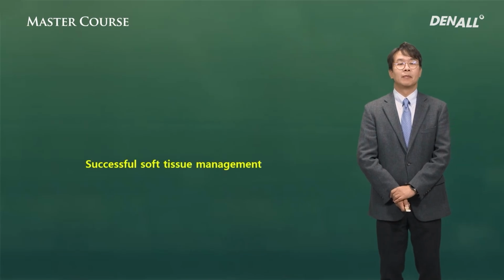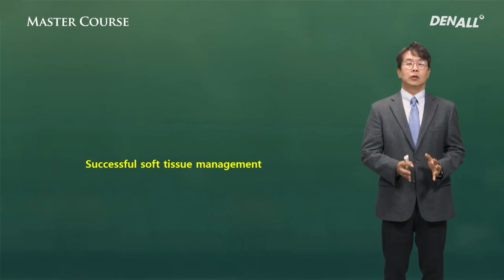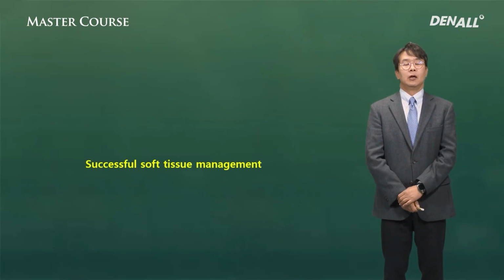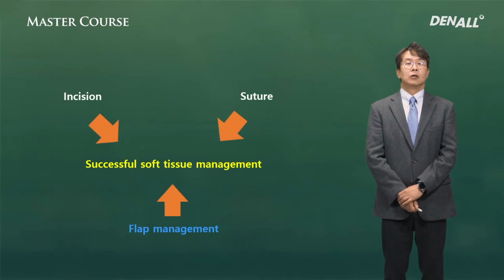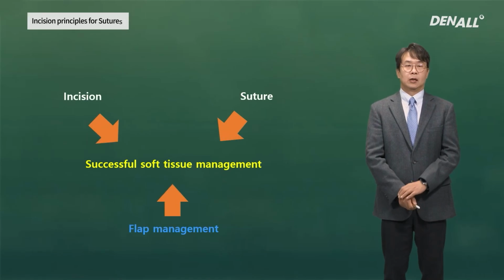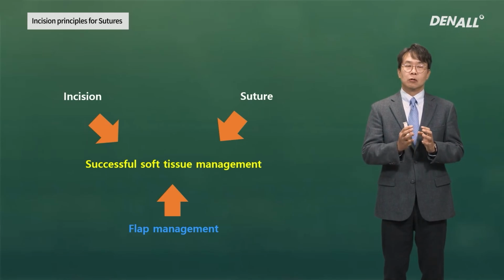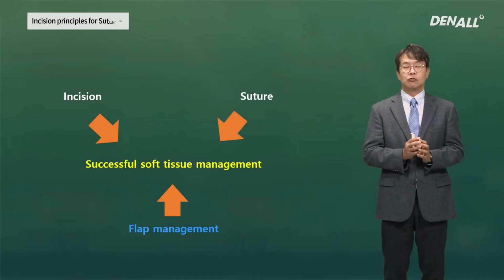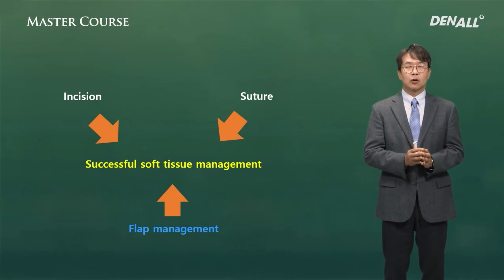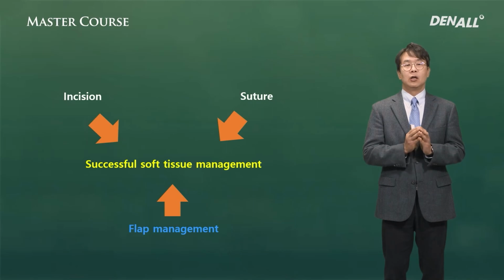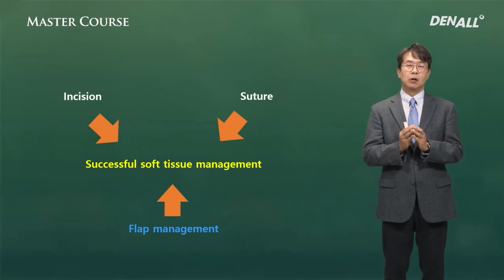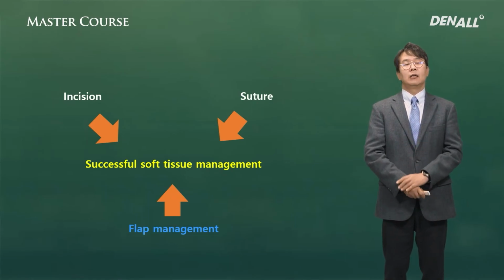Summary. For successful soft tissue management, as I said before, incision, flap management, and suturing need to be combined organically. The first step is incision. The principles of incision determine the flap management and sutures.